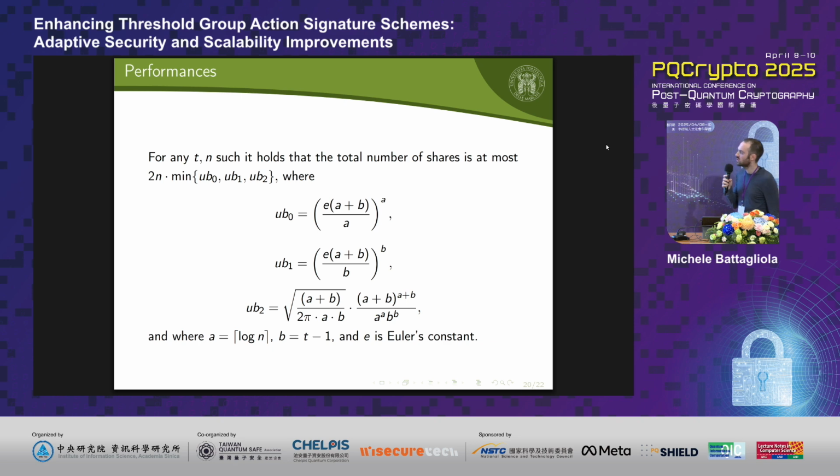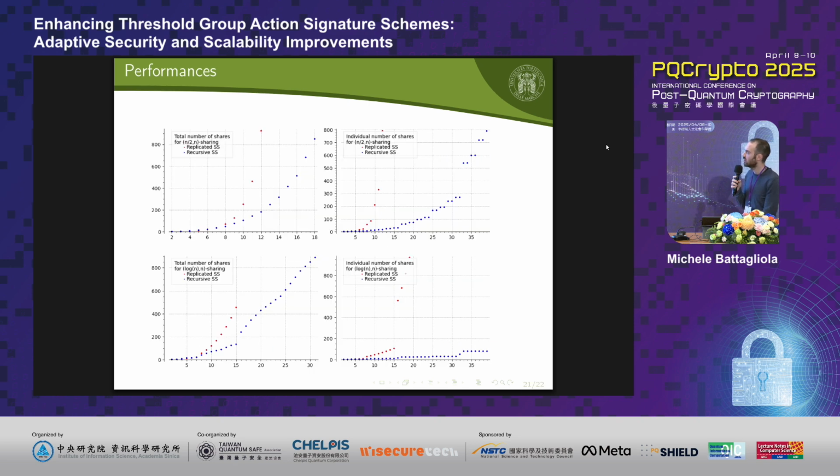So we are still in exponential territory, but this is the numerical result. The dots are the normal secret sharing with the replicated one, whereas the blue one is the new improved version. As you can see, they are much lower, even if they grow pretty quickly, and the range of applicability is way better.